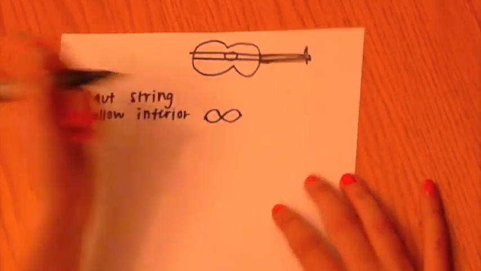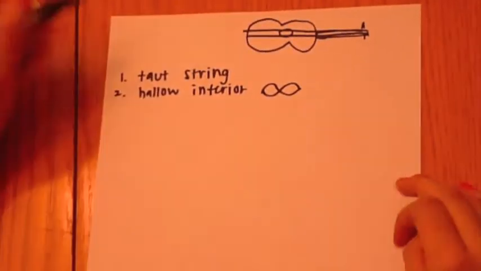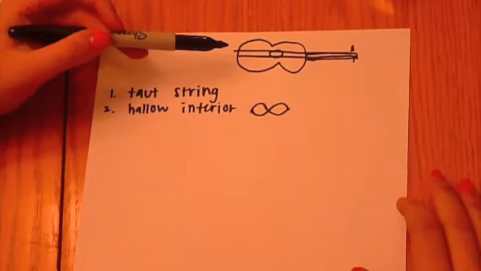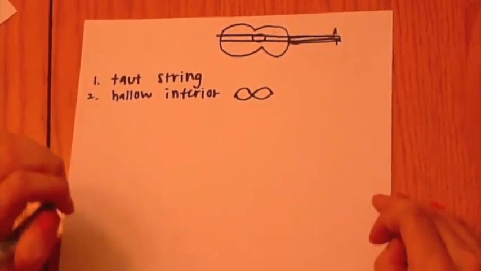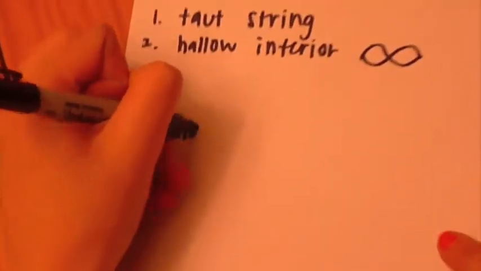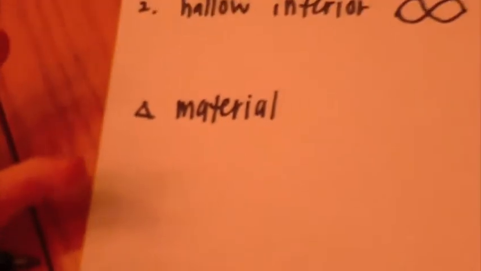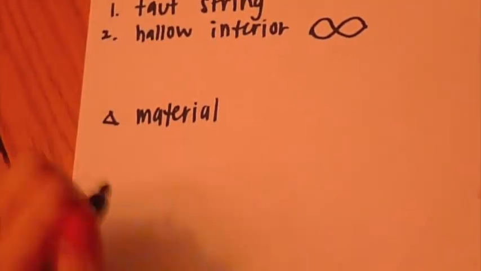Again, like this shape. Now, another reason why these are good at expressing standing waves and good in music is because the pitch can be changed. One thing that can change pitch is if you change the material of the strings. For example, on a guitar, there are 6 strings, each with different weights.